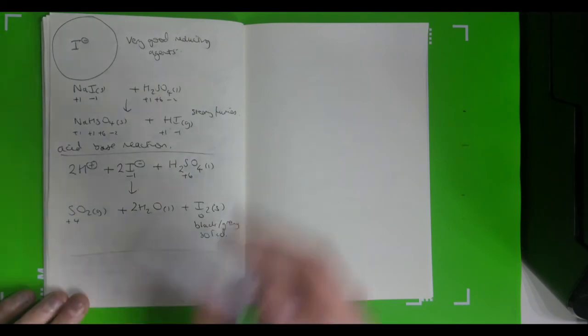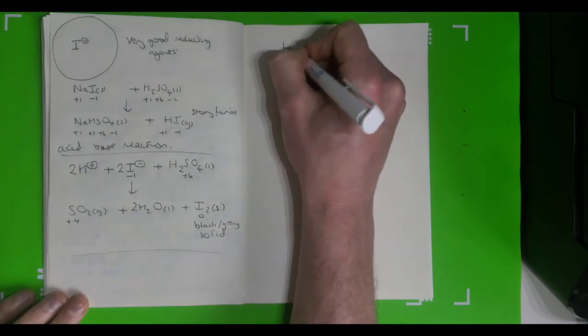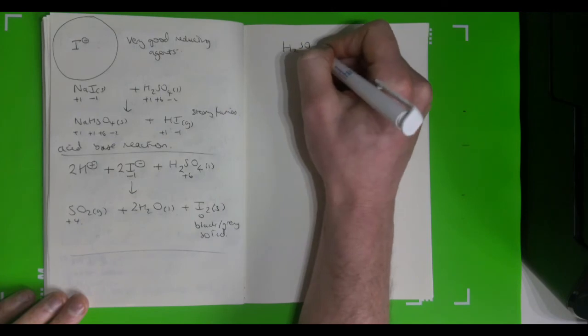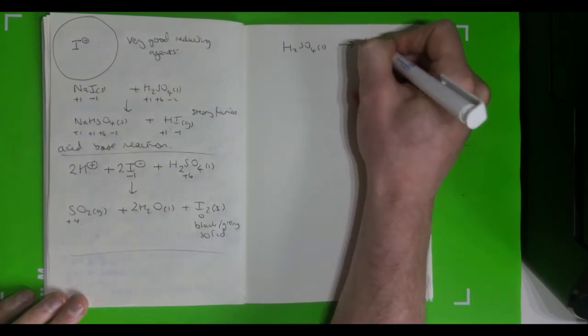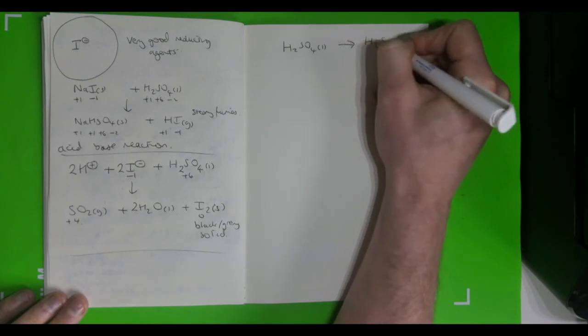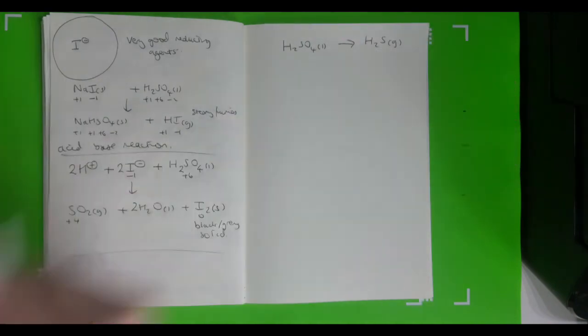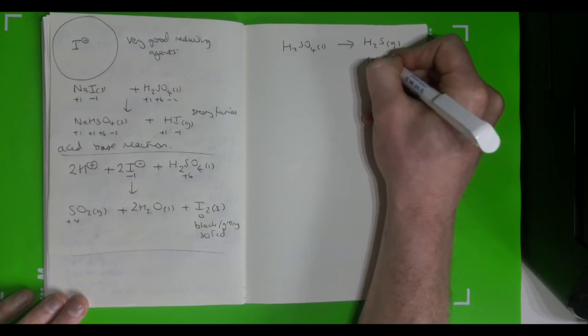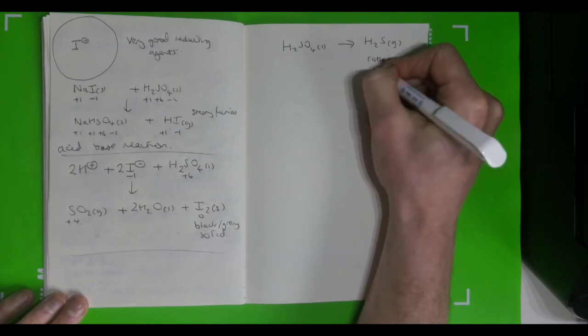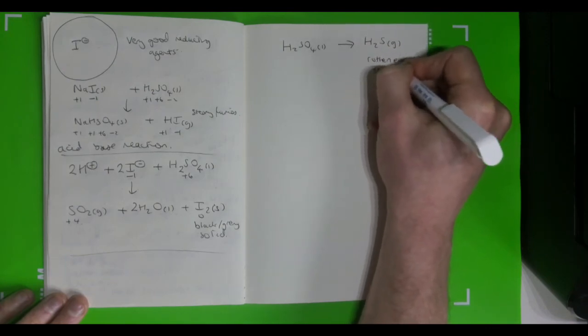What we see is that the sulfuric acid produces hydrogen sulfide gas. The hydrogen sulfide gas is like a rotten egg smell, okay? So you actually need to learn these observations. So you get a rotten egg smell, all right?